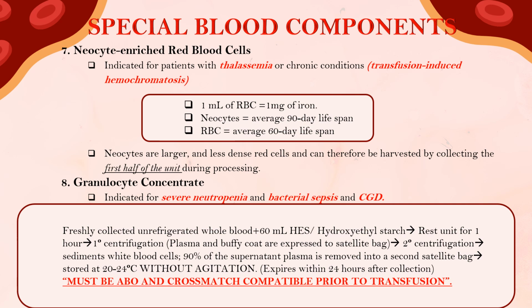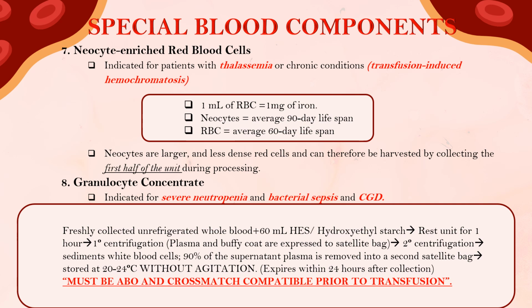And then we perform the second centrifugation to sediment white blood cells while 90% of plasma should be removed and transferred into a second satellite bag. Then your granulocyte concentrate is harvested and must be stored at room temperature, 20 to 24 degrees centigrade, without agitation.